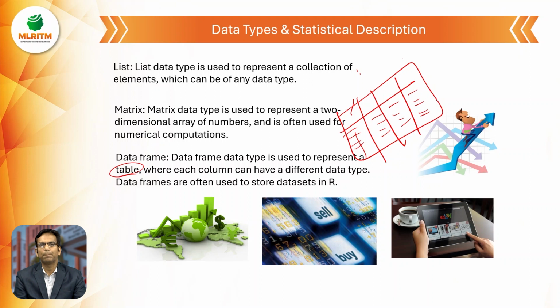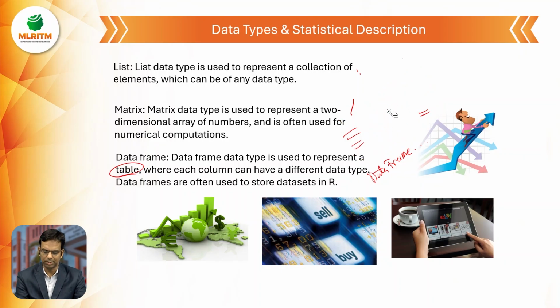Whenever you represent the data in this table structure, you can say that this table is a data frame. So the data frame belongs to the table structure of the data. That is the meaning of this data type called data frame.